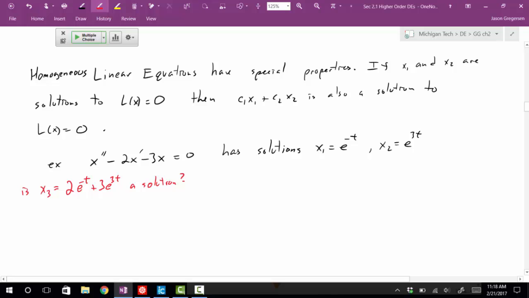Now we kind of can say yes because of the theorem above, but I want you to show me. So go look at x3 and figure out, does the second derivative of x3 minus 2 times the derivative of x3 minus 3 times x3, does that thing really equal 0? Go ahead and take those derivatives, throw them in.